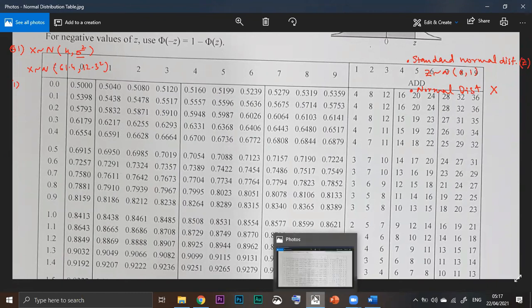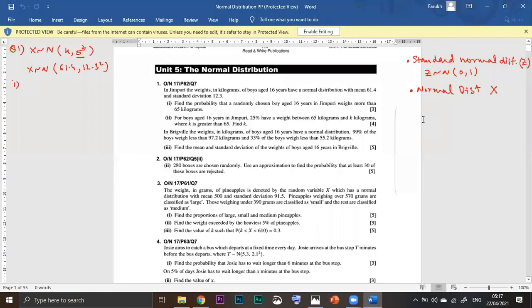If we have any other distribution, other than 0, 1, then we will convert that normal distribution X into Z with the help of a formula.